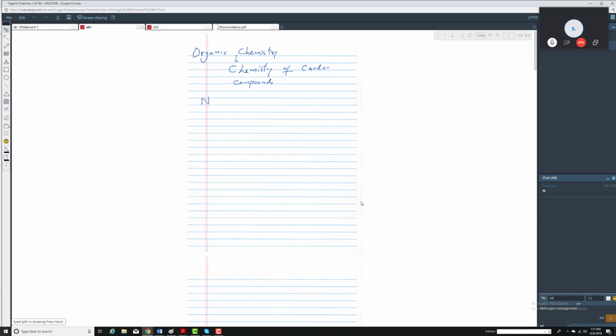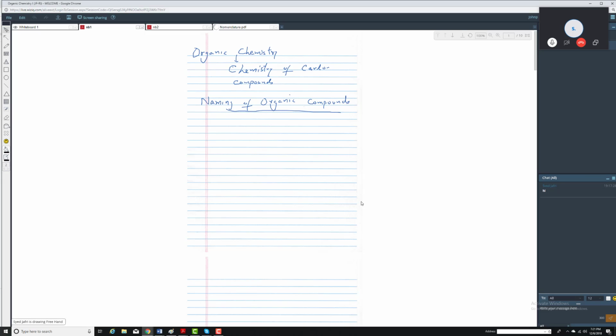Today I'm going to start with the nomenclature, or naming, of organic compounds. Of course, there are common names, but the common names do not work as we move to more complicated compounds. And of course, we can't memorize the names of millions of compounds.